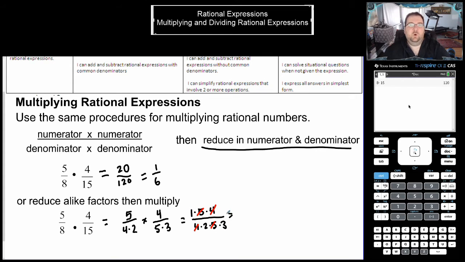There's an invisible 1 there, right? It's not 0. 1 times this, right? So this is just a 1, and then 2 times 3 is 6. And we get the same answer, it's just in a different form, right? This method, you're going to realize very soon why it can be a little bit easier in the long run.